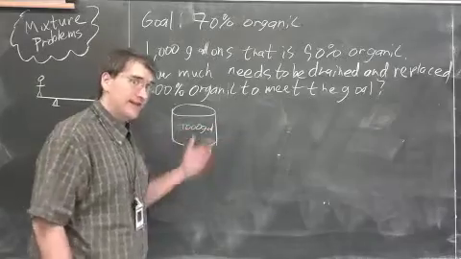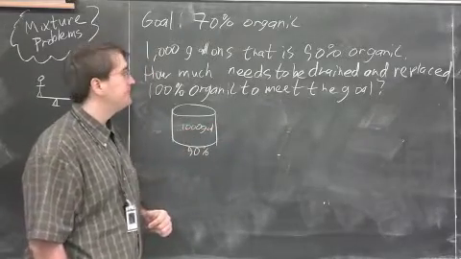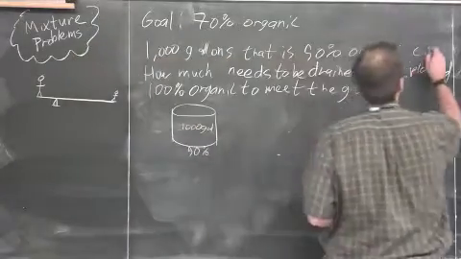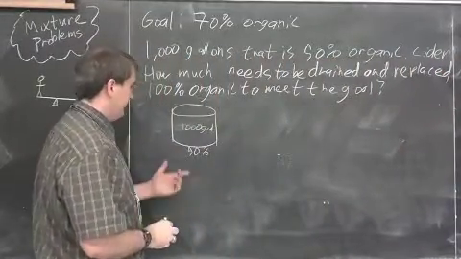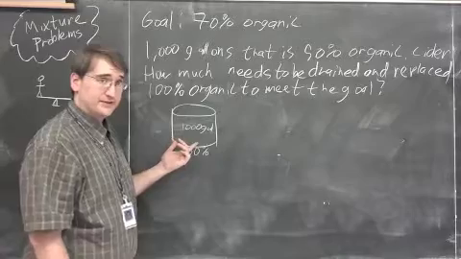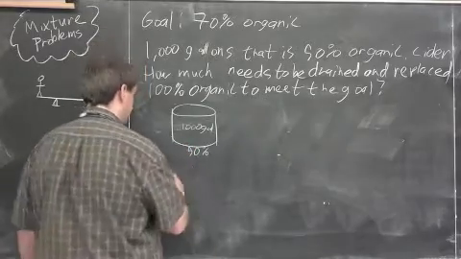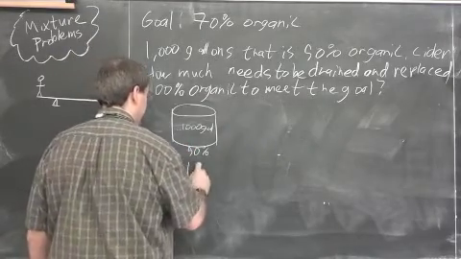So then how much organic cider is in that? Because that's after all what we're talking about here. We're talking about cider. It would be 50% of 1,000. So 500 gallons. But I'll write it out as 0.5 times 1,000 first.